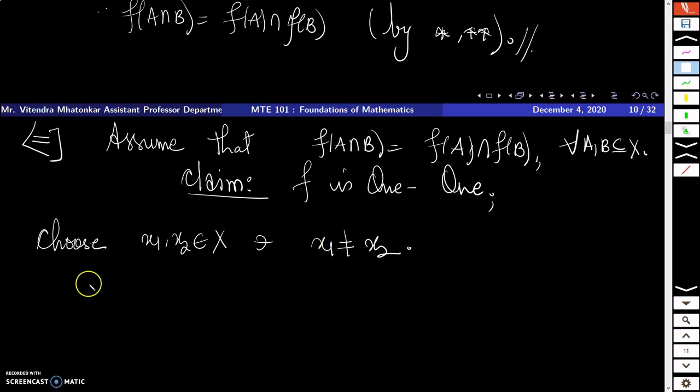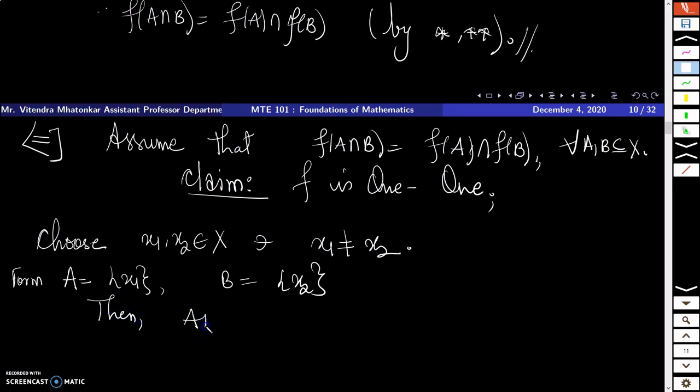Okay, and then you form the set A to be equal to singleton set x1 and set B to be singleton set x2. Now because x1 and x2 are not equal, A intersection B is definitely empty, right? A intersection B is empty because x1 is not equal to x2.